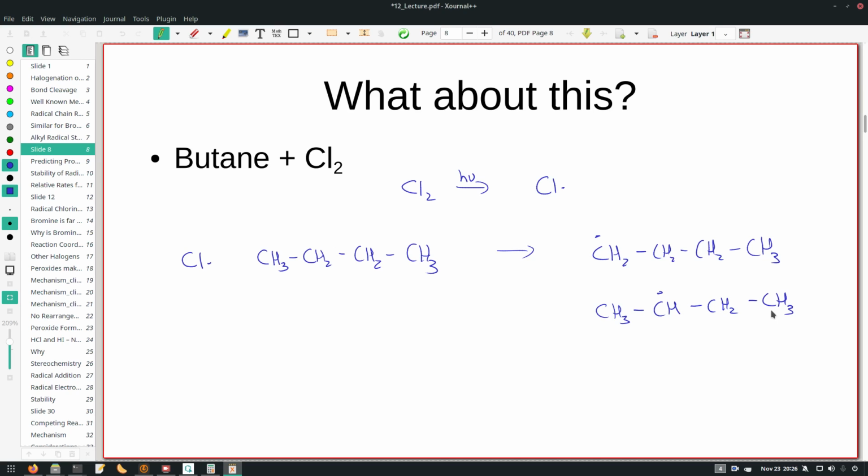Oh, and simply because those are the 2 radicals, my next step, where I actually now take my alkyl radical and let it collide with the chlorine, I would get either 1-chlorobutane or 2-chlorobutane.